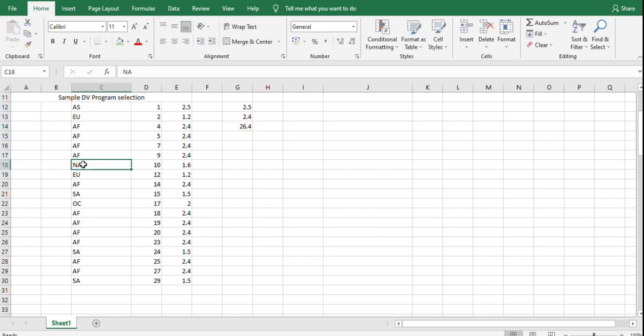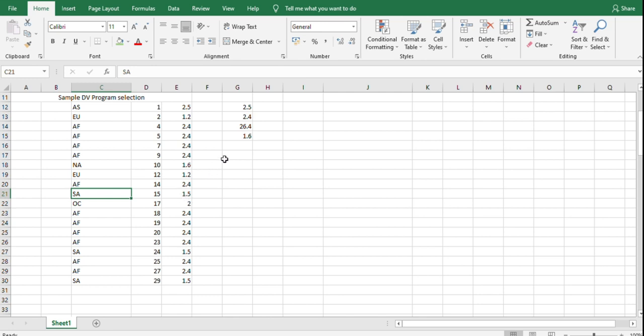Then we go to North America. How many selectees do we have for North America? We have 1 selectee, which is 1 multiplied by 1.6. We get 1.6 selectees. And then we have South America, we have 3 from South America with the possibility of having a derivative of 1.5.